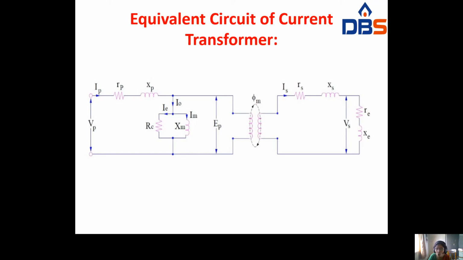RE and XE are the load resistance and load reactance, and the voltage across the load is equal to the secondary voltage Vs. These are the parameters included in the equivalent circuit of the current transformer.